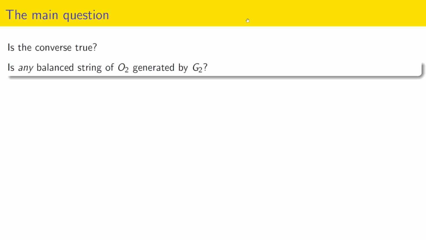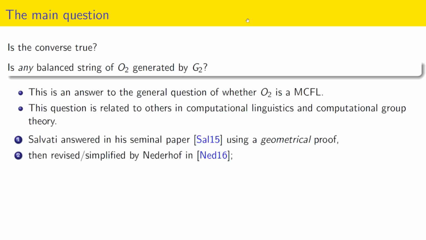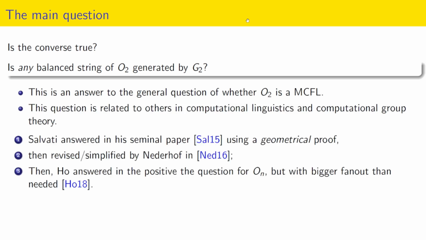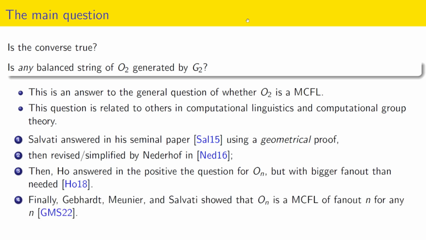So Hall generalized the case to ON, but with a non-optimal fan-out of predicates. And then, after some years, a fully satisfying proof was found for ON being an MCFL, with optimal fan-out. This means that if you have n letters, then you only need predicates taking n arguments to generate that language.